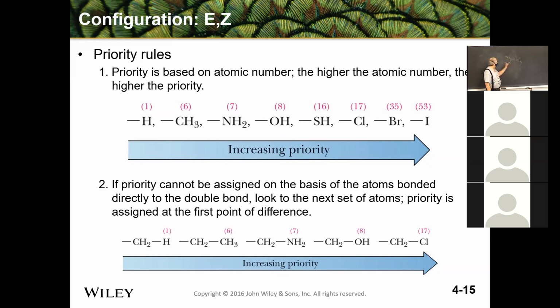An ethyl and a CH2OH group are different. This one, we just did, so we know that carbon takes priority over hydrogen.